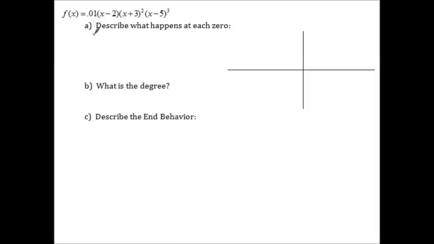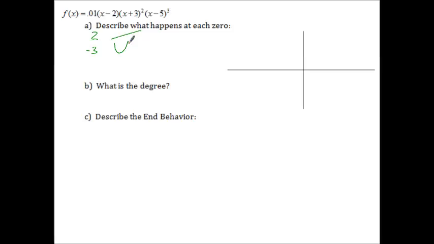We have 2 as one of the zeros, and since that term has the exponent of 1, we have the line going straight through. Then we have -3 as another 0, and since this binomial is squared, we expect the curve to bounce off the x-axis.